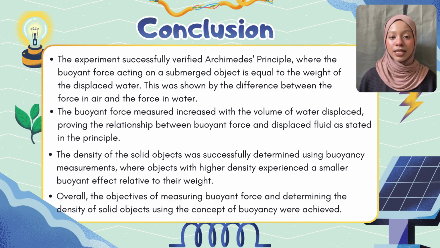The density of the solid object was successfully determined using buoyancy measurements, where objects with higher density experience a smaller buoyancy effect relative to their weight. Overall, the objectives of measuring buoyancy force and determining the density of a solid object using the concept of buoyancy were achieved.